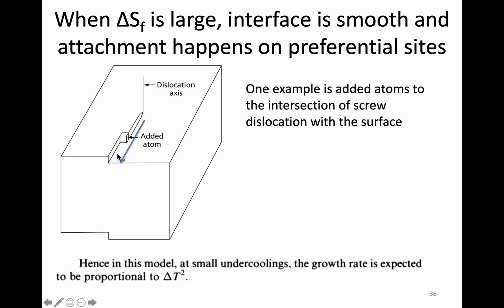So for example, if we have a solid that has a dislocation in it, so here's the dislocation axis, and this is our screw dislocation. Basically, the atoms want to attach at the interface here, where it's coordinated by a lot of other atoms. It doesn't want to just grow on the surface very effectively.